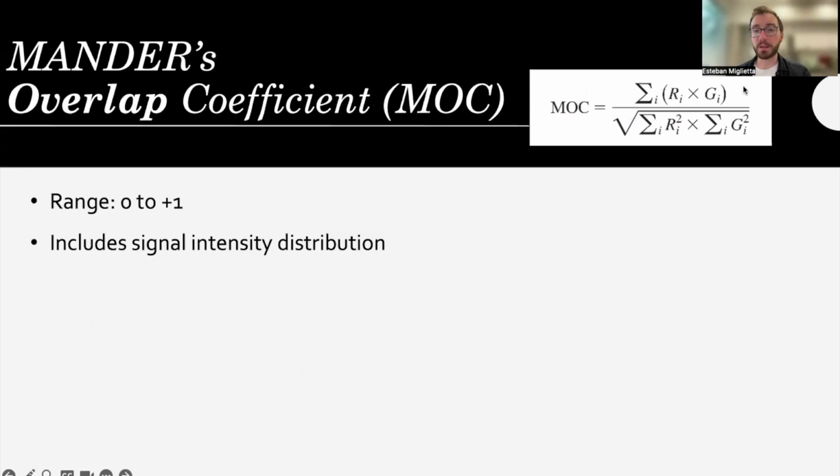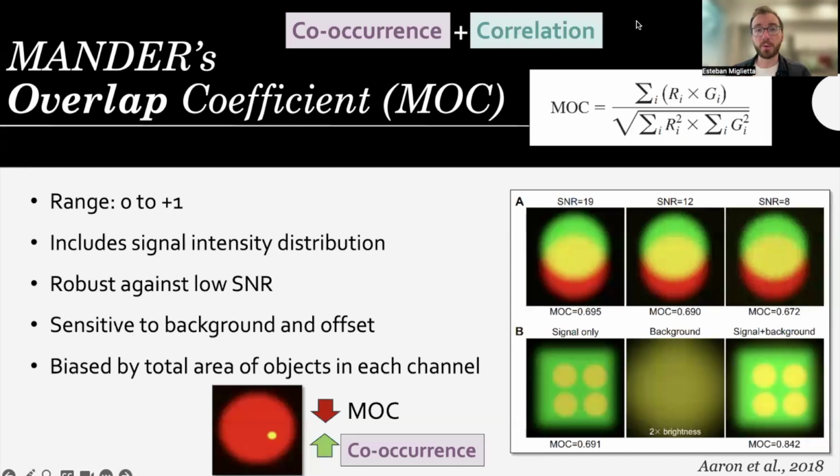So MOC is obtained by multiplying the intensity for each pixel in both channels divided by the product of the sum of the squares for each one. What that gives us is a metric that ranges from 0 to 1 and includes signal intensity distribution, like the co-distribution of both. So it's basically a mixture of co-occurrence and correlation.